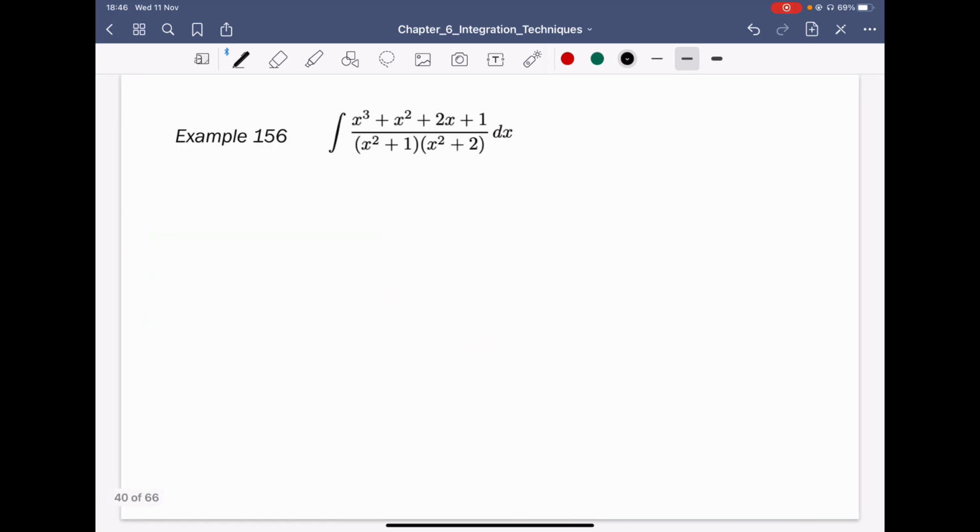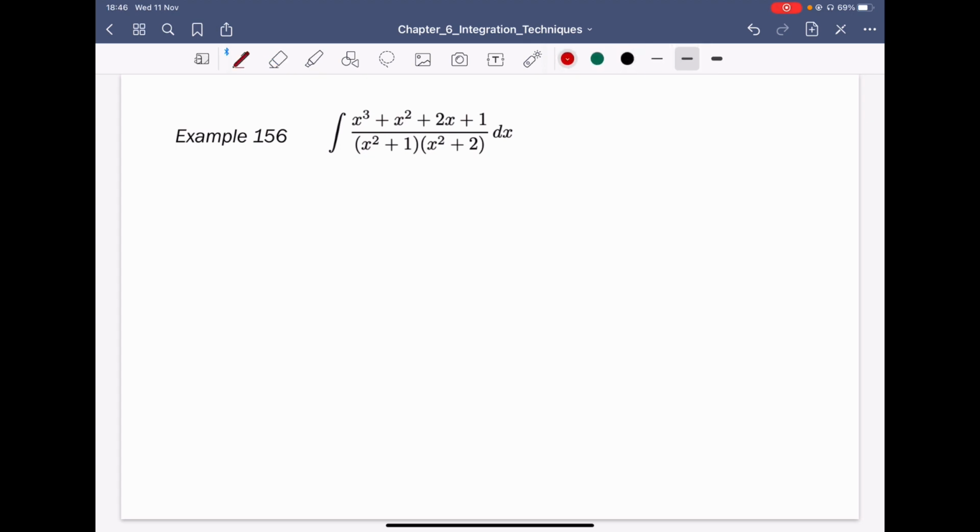All right, 156. This is a little bit complicated because you have x squared plus 1 and x squared plus 2 on the denominator. Keep in mind that on the denominator you have degree 4 and on the top you have degree 3. So this is still good. This is a proper one. So you can start doing partial fractions now.